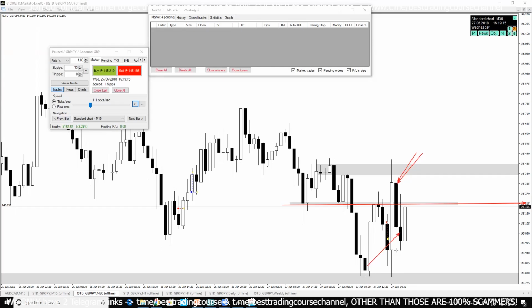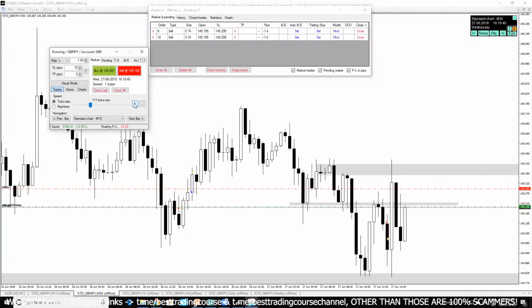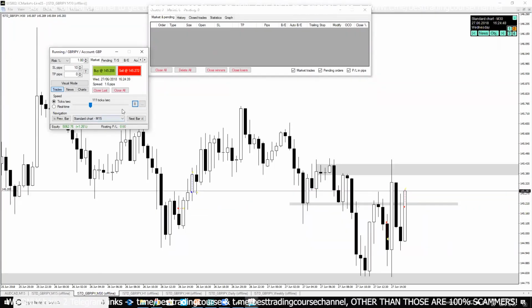What are the chances of this candle respecting the high and closing below 145,200? I think the chances are pretty high, and that's the bias I'm going to go off of. So maybe put a stop above this candle, around 10 pips, open sells and let it go. If it breaks this high, then this sell is no longer valid.